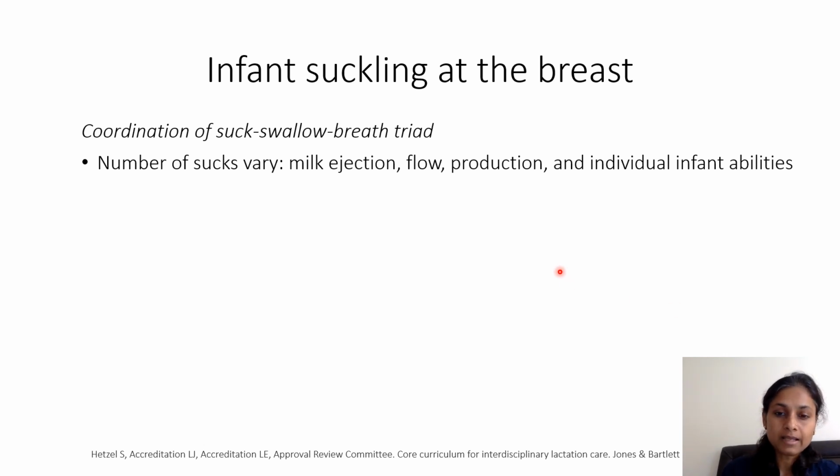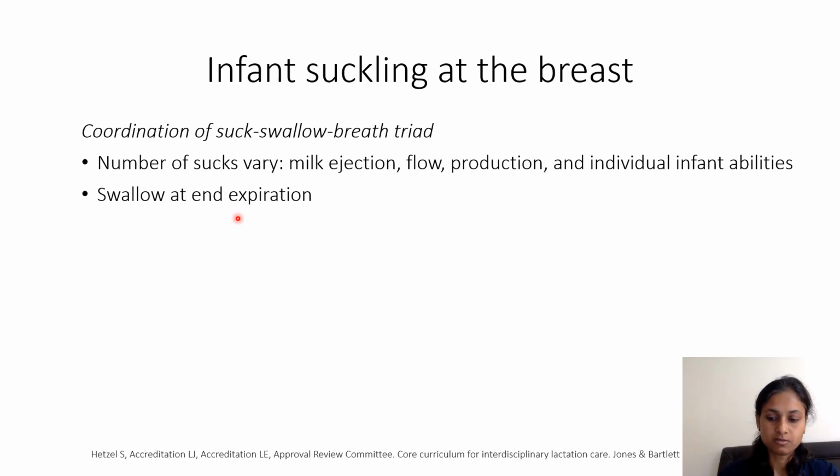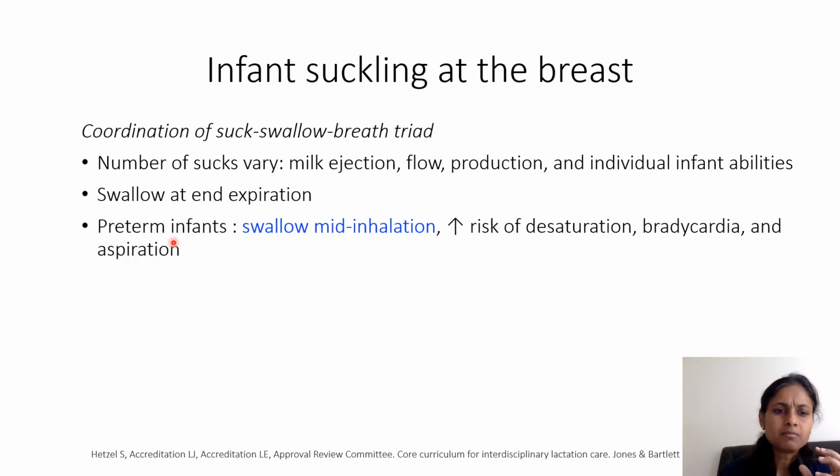The coordination of suck, swallow and breathing is very important, and the number of sucks varies depending on the milk ejection flow and the individual infant's ability. Usually babies swallow at end expiration, and preterm infants usually swallow mid inhalation, so there's a risk of decreasing saturation and heart rate, or aspiration in these babies.